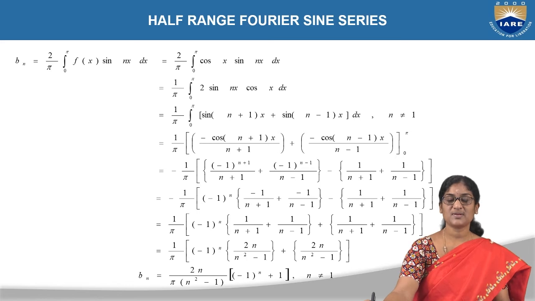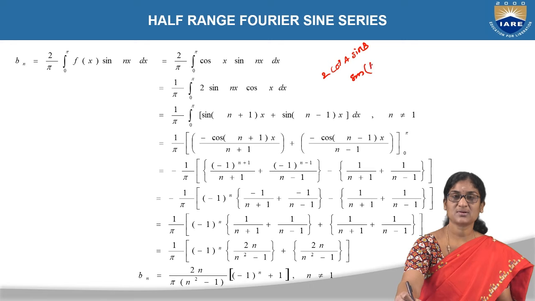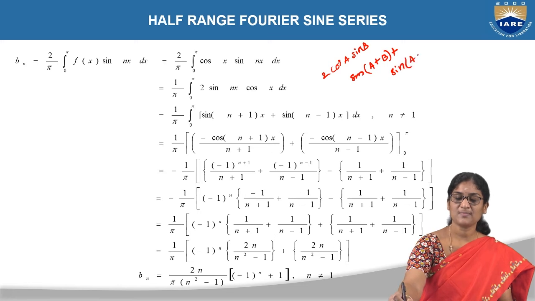So 2 cos a sine b is nothing but sine sum plus sine difference. Multiply and divide by 2, and we will use this formula from trigonometrical transformation.